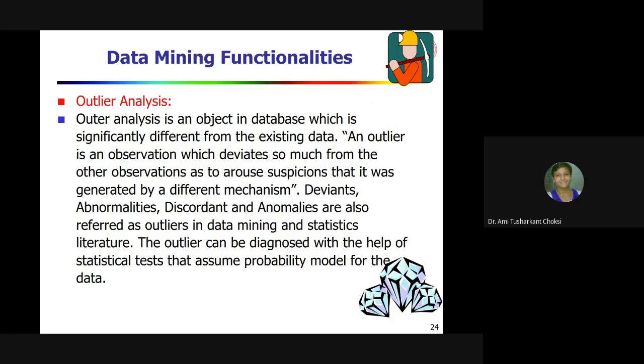Let me say, if you people are there in the college, it is known that you are CKPCET students. And if a person comes from X college, we can say that person is an outlier for our system because that person is not a CKPCET student, right? So that person is an outlier.